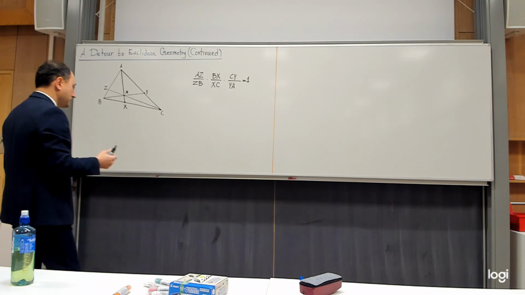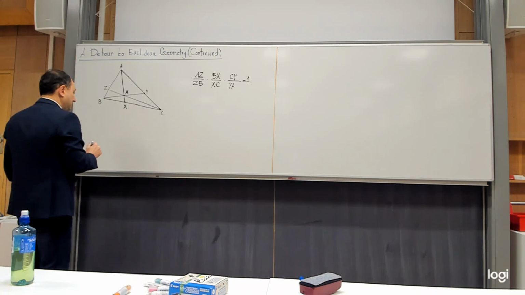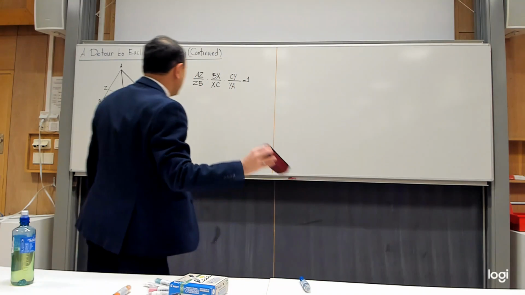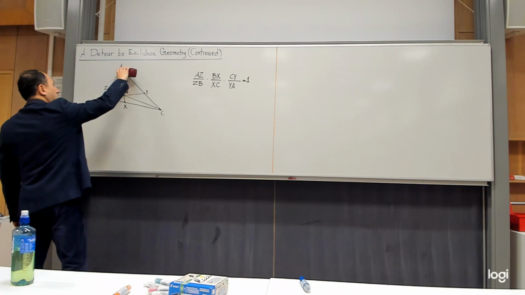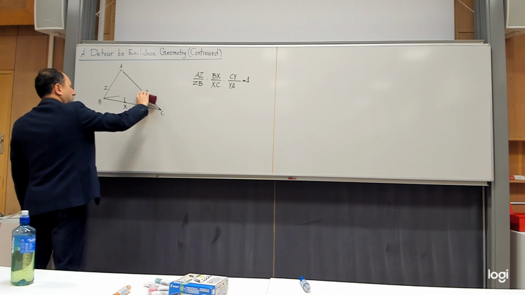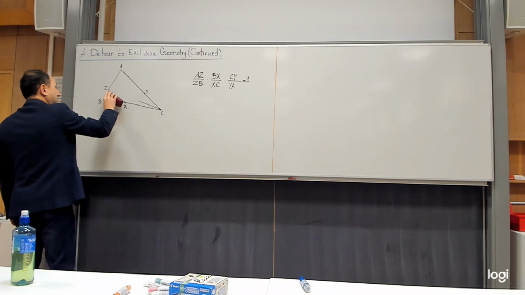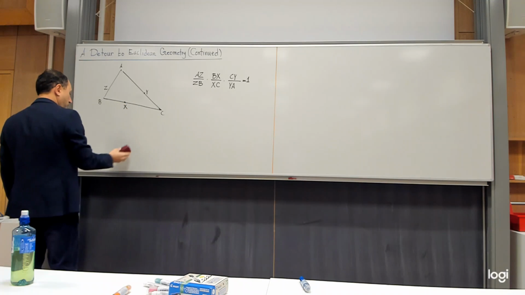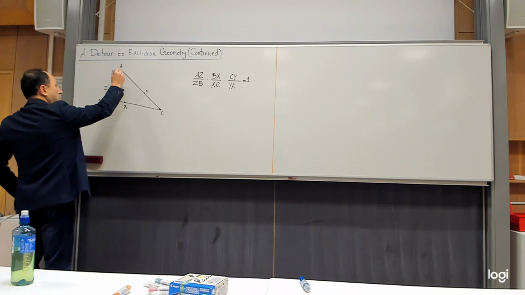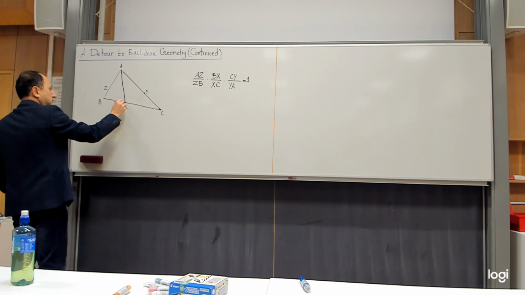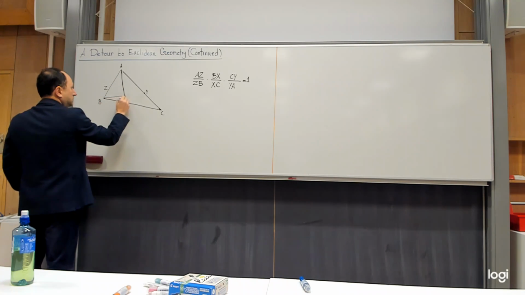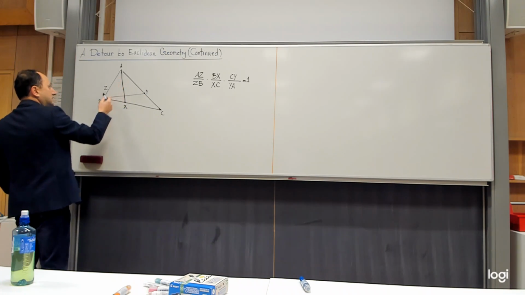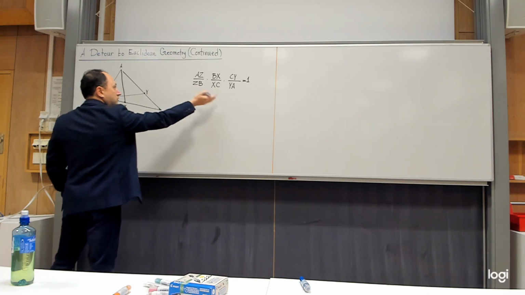So how should we write that? For example, if I have this picture, but I don't know that they are concurrent, let me clean this. What I know is this. I know one of these Cevian lines, and of course the second one. And I know a third point on the side, so that this relation holds.